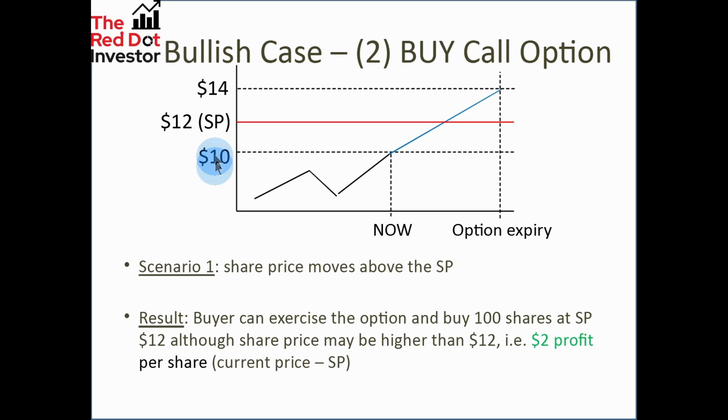We see this scenario whereby the current price is actually $14, but I as a buyer have the right to buy the share at $12. So if I exercise my right, I buy it at $12, I can actually immediately sell in the market for $14, which means that I gain a $2 profit per share.